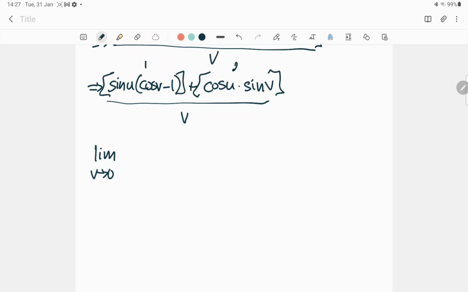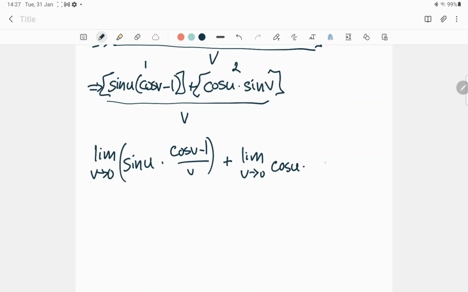So I'm taking the limit here, sine of u times cosine of v minus 1 over v, and then plus the limit as v goes to 0 for cosine of u times sine of v over v.